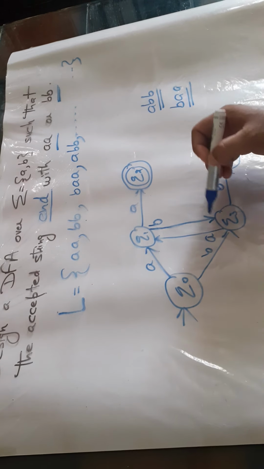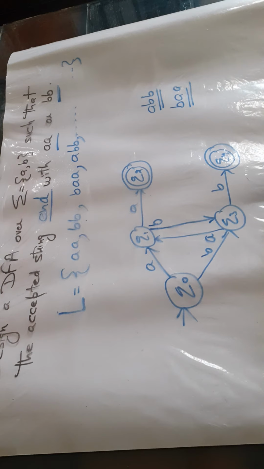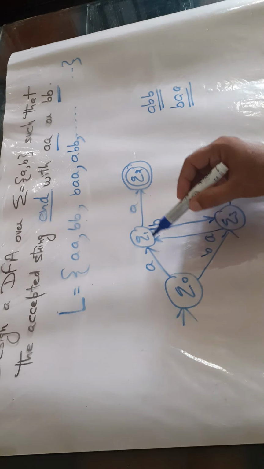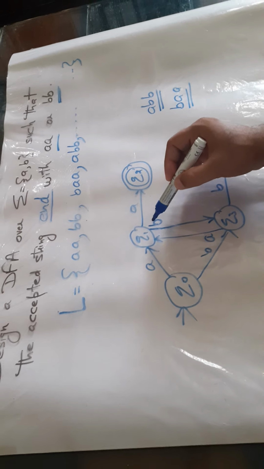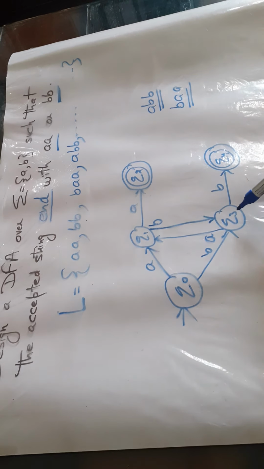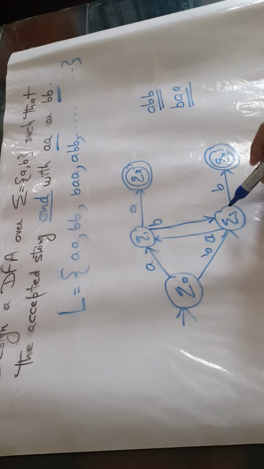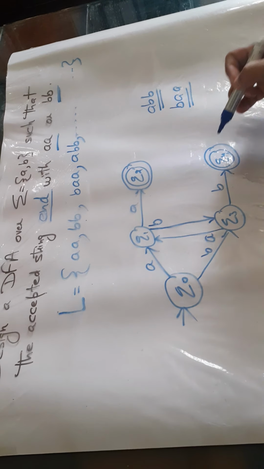So this is a new kind of pattern that arises in this type of question. You can observe first A, so this state has responded to A as well as B. This state has also responded to A as well as B.